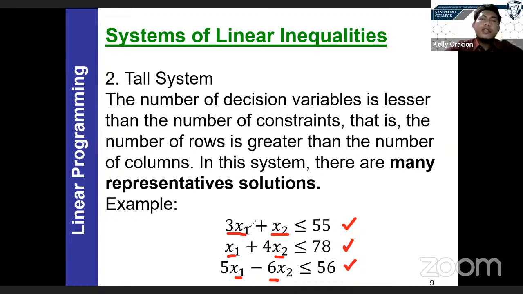There are 3 rows: 1, 2, 3. The columns are 1, 2. So if there are more rows compared to columns, automatically that is a tall system. Or if there are fewer decision variables compared to the number of constraints, that is a tall system.